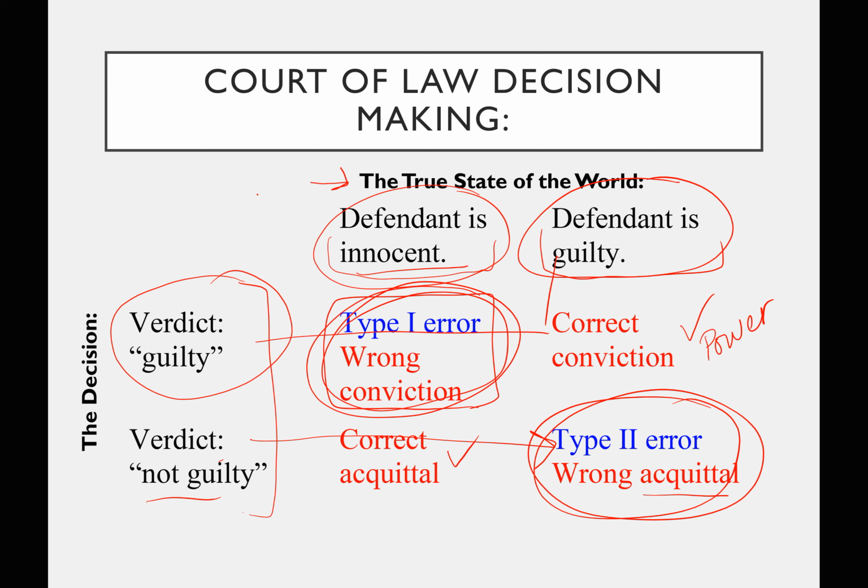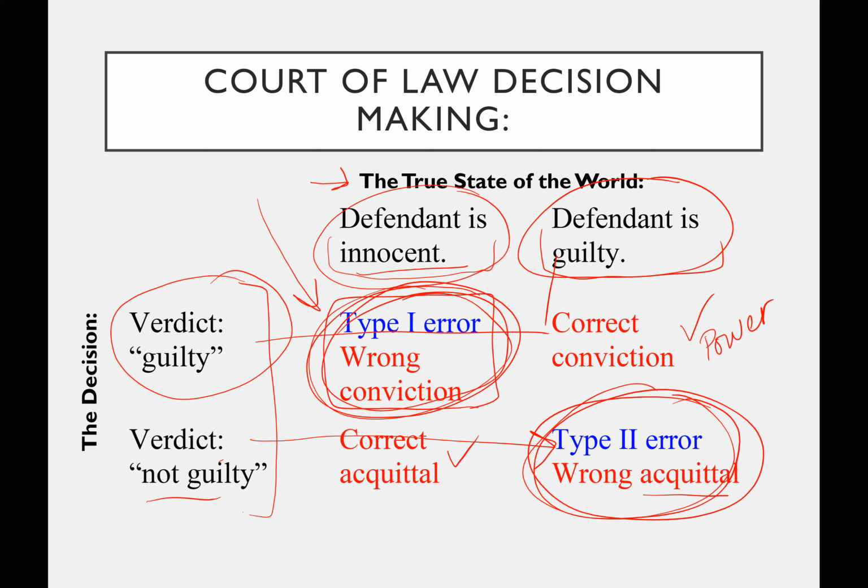Generally, type 1 is considered worse than type 2. If you think of this in terms of the legal system, with a type 1 error, not only is the real murderer free, because that's what happens in type 2 errors, but the murderer is still free because you didn't lock up the right person and you put an innocent person in prison, right?